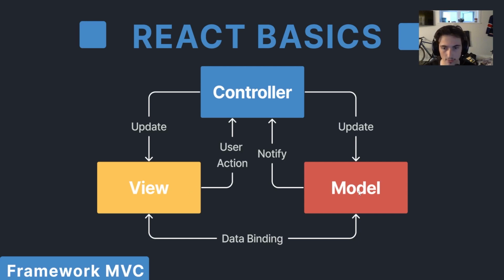So you have views, models, and controllers. The view is what the user sees. So this is where the user action comes in. The model is where all the data is kept. So when a user action happens, it'll tell the controller to update the model, which is then bound to the view, which will then update the view.